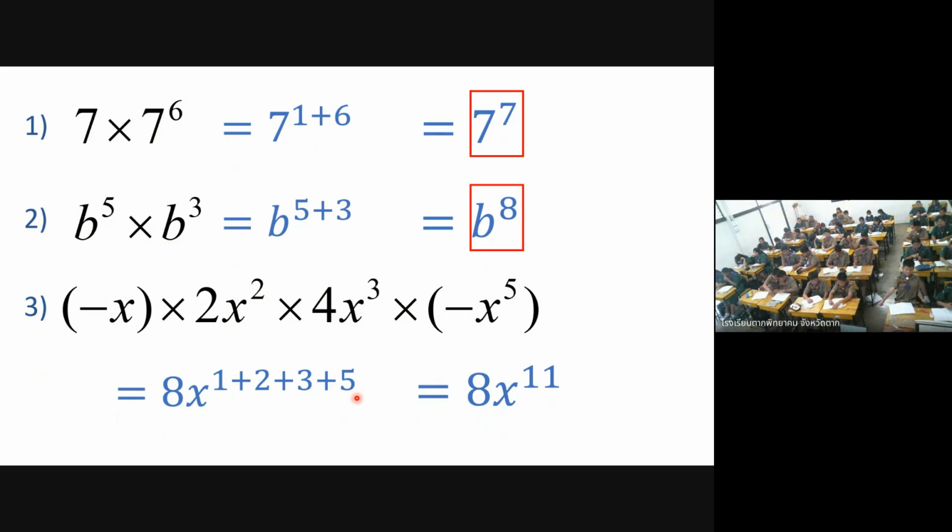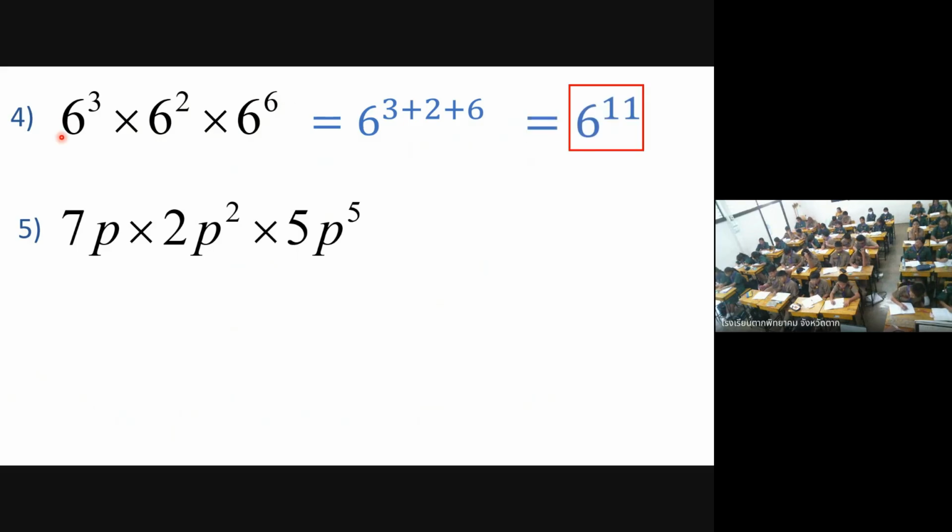Okay? Who got it right? Okay, next. Next, number 4. 6 to the power of 3 times 6 to the power of 2 times 6 to the power of 6.